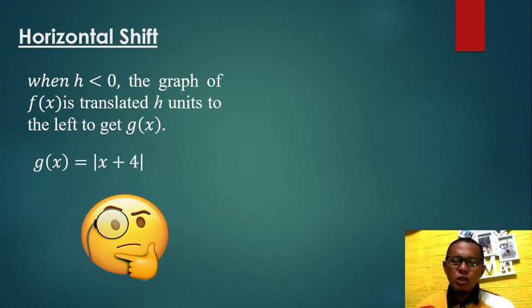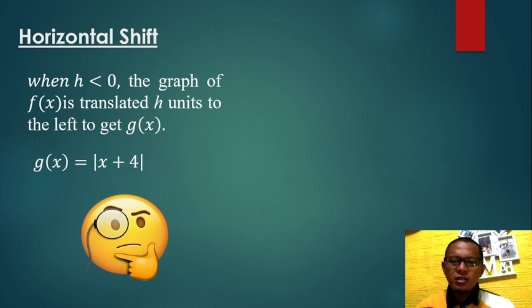So before I show you the graph, maybe you have a question about your h here is less than 0 and my example is positive 4. So if we go back to our slides, the formula of the g of x is the absolute value of x minus h. Here is minus h, here is positive 4.